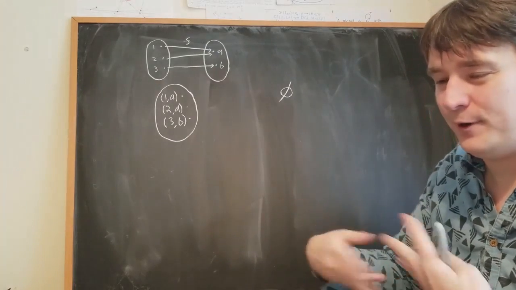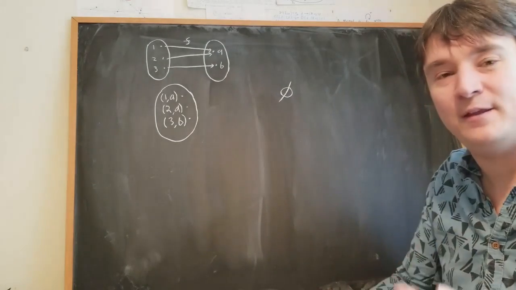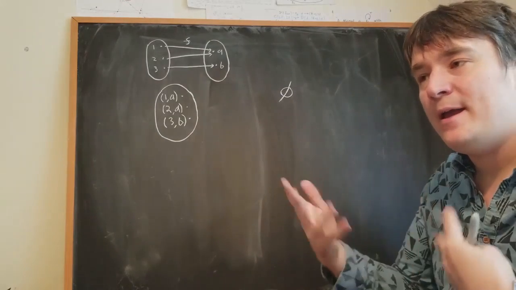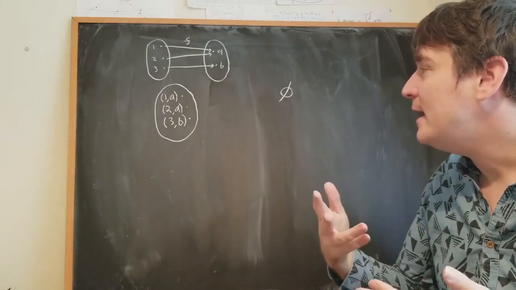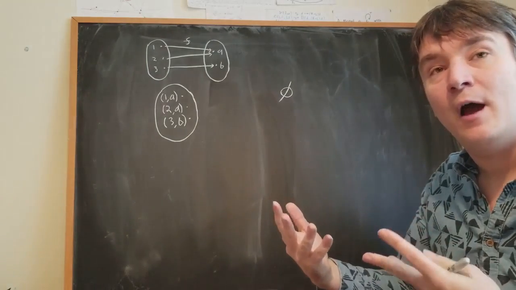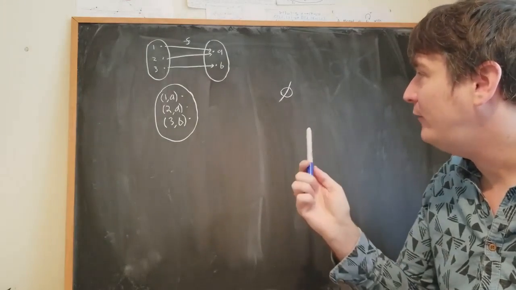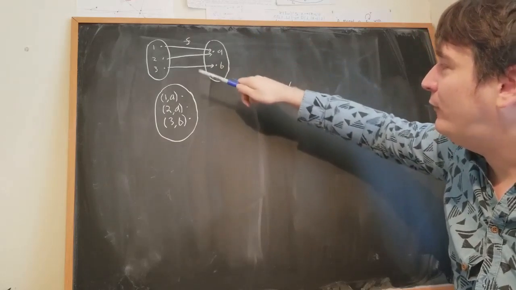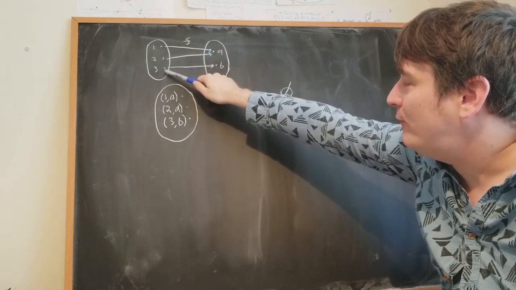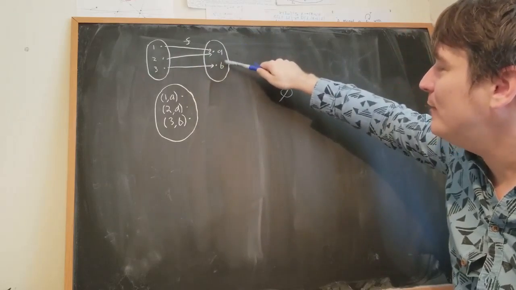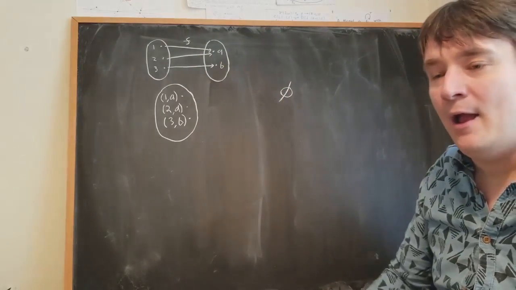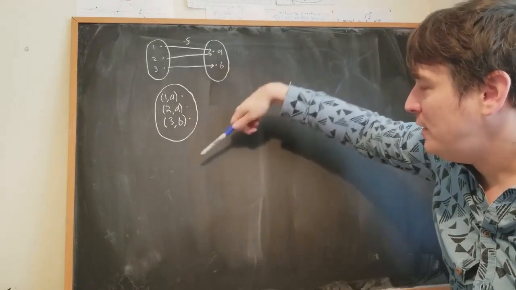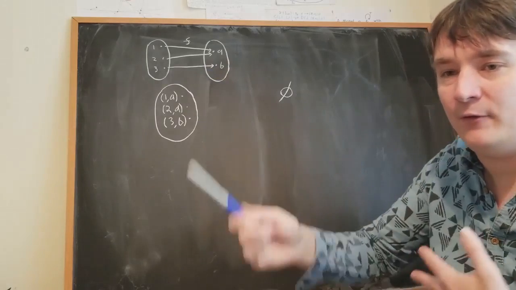But this peculiar kind of reasoning does seem to make a bit of sense. And perhaps an easier way to get your head around this idea is to take an alternative view about what a function is. Here we have a function, and this is the standard view: you take an element of this set on the left and you get an element of this set on the right. Another way to think of what a function is, is that the function is itself a set of pairs.